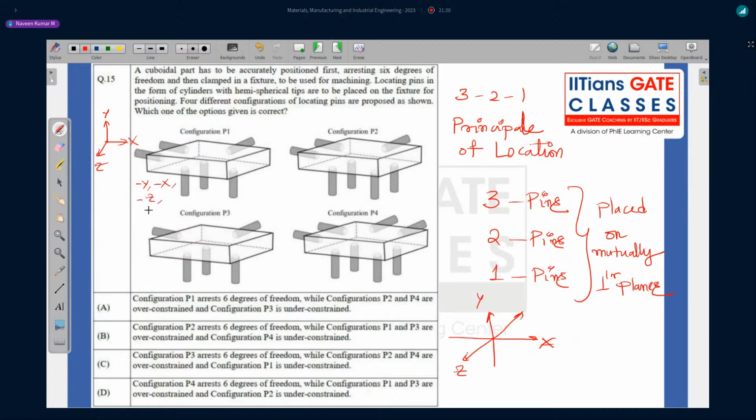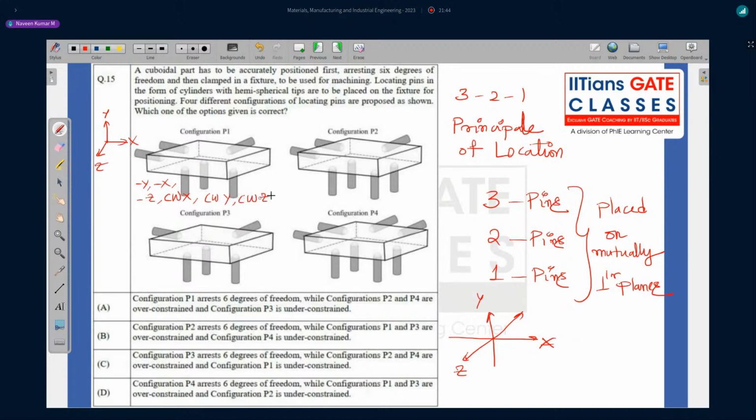Clockwise direction of X you can't rotate, clockwise direction of Y you can't rotate, and of course clockwise rotation of Z also is not possible.